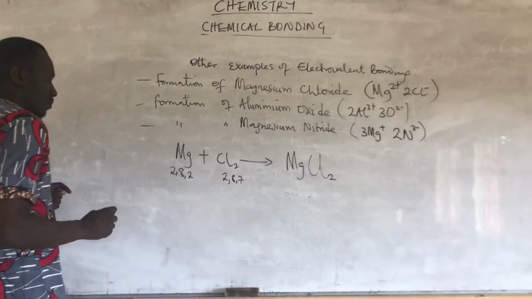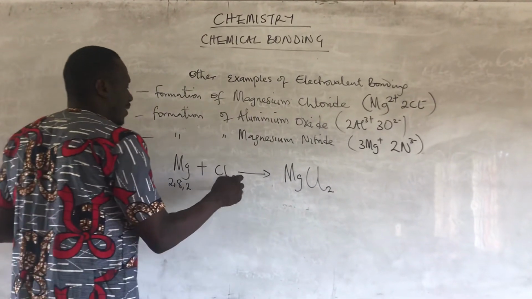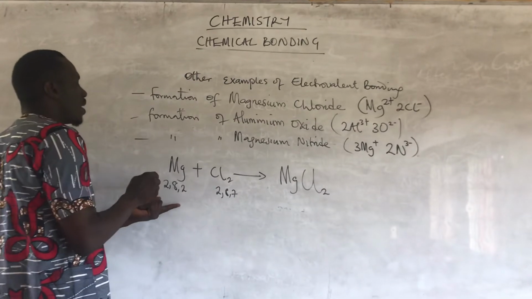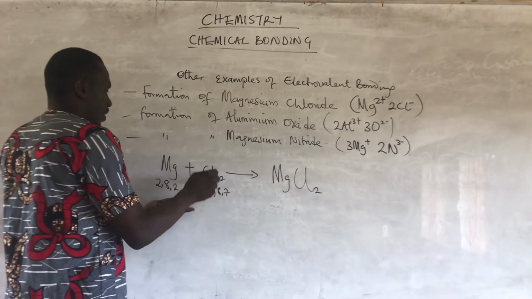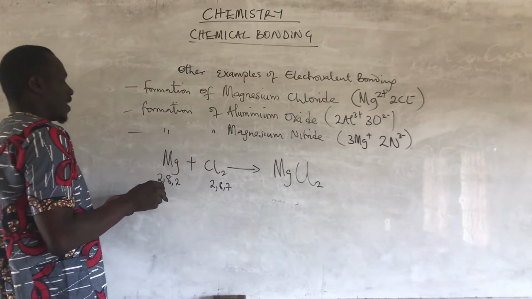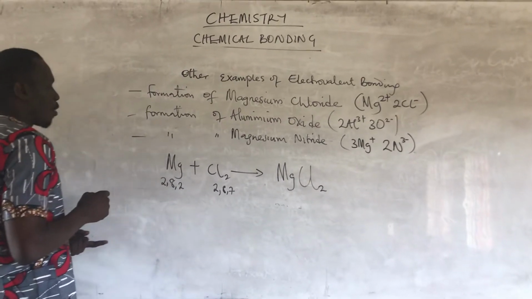Now, 2 atoms of chlorine will be reacting with 1 atom of magnesium. Or you say 1 molecule of chlorine reacting with 1 atom of magnesium.